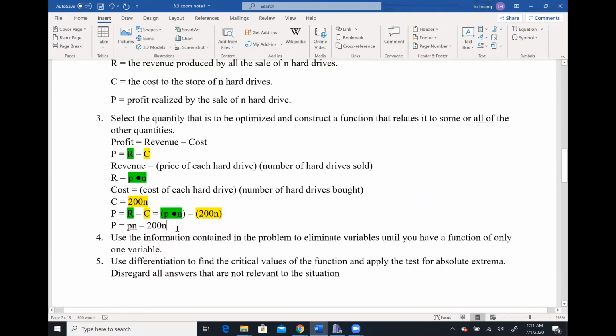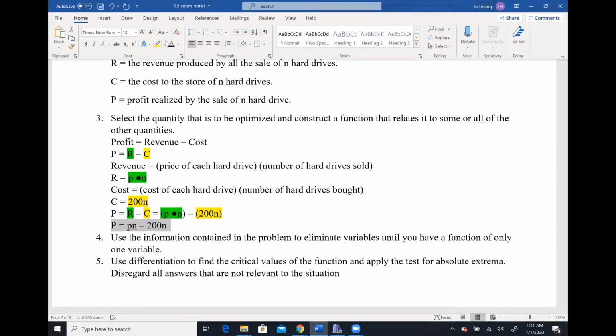Okay, so now I have done setting up a function that relates the optimized quantities. But the thing here is that I have two variables in this function. So let me label this.